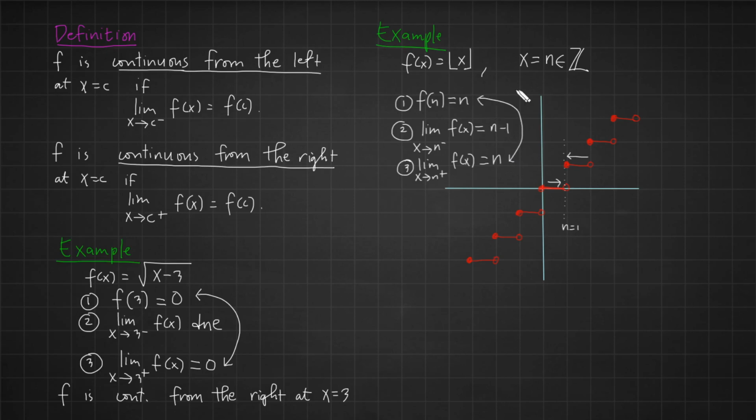So therefore, f is continuous from the right of x equals n for any integer n.